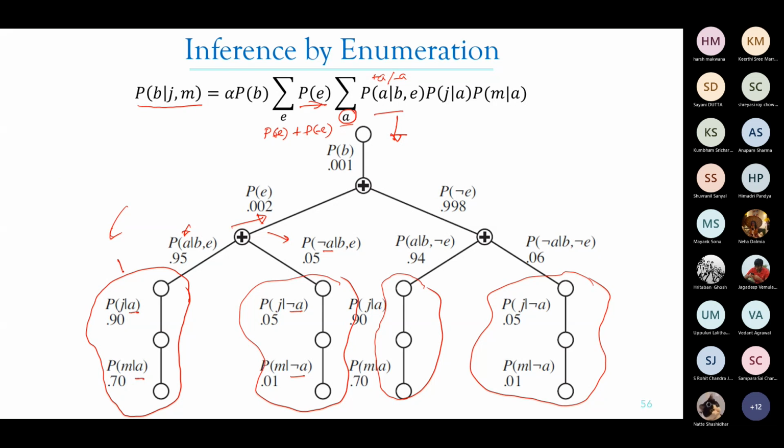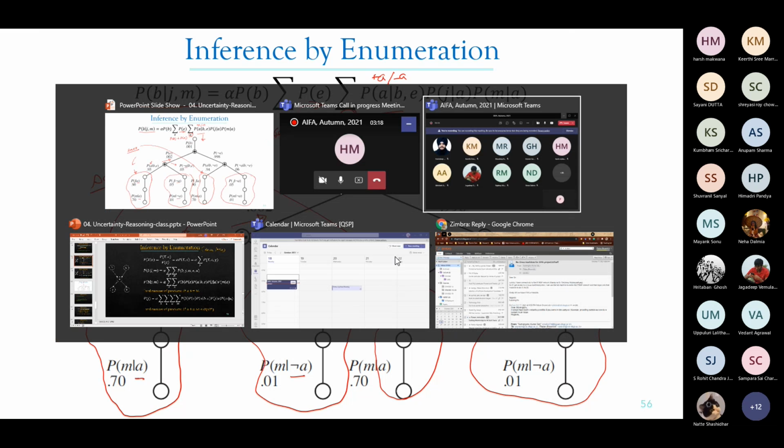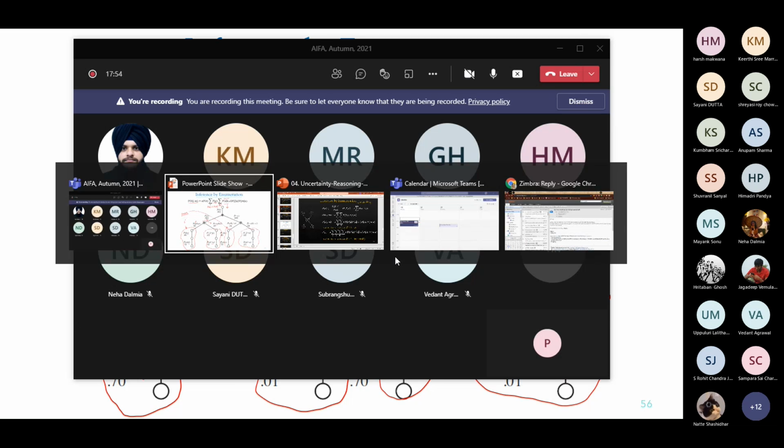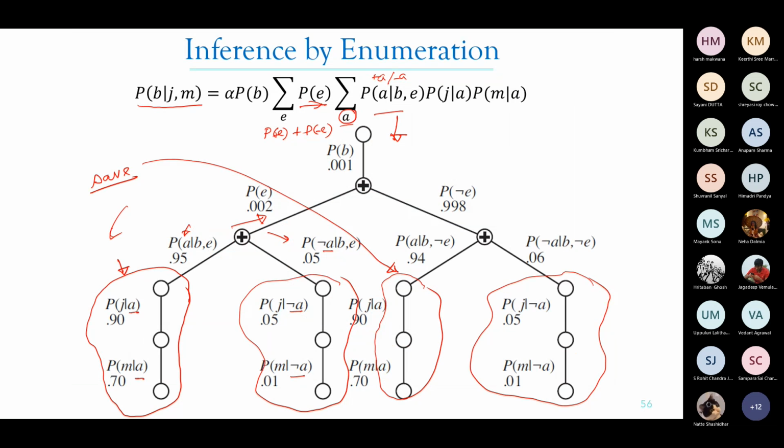Why don't we compute the value of a substructure or a factor and save it so that it can be used later? Does that strike something to you? Have you considered a similar approach earlier, specifically those who have done an algorithm course? Any idea? What I'm saying is that I am solving a small part of the problem.